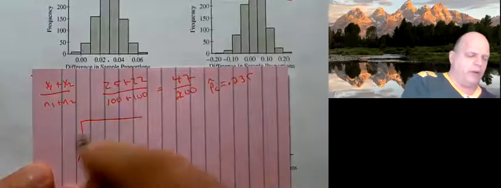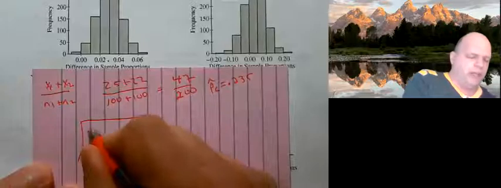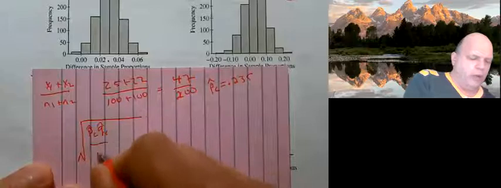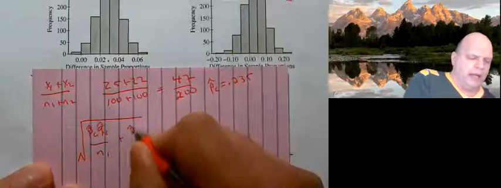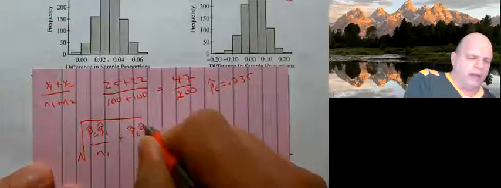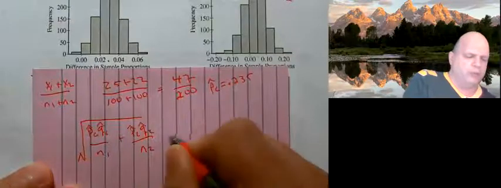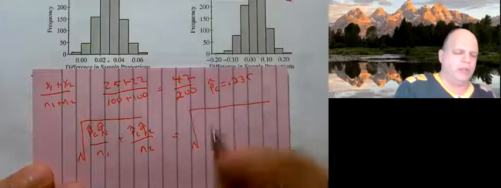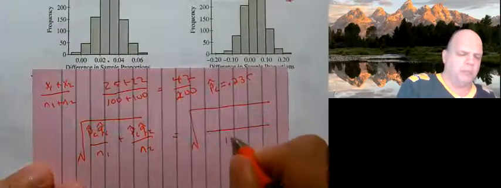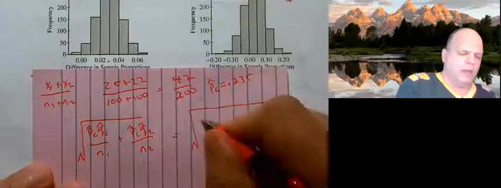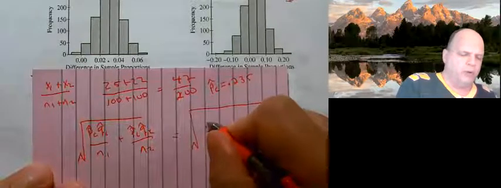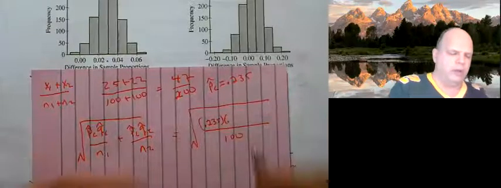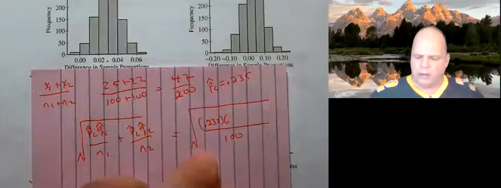My standard error formula is p hat combined, q hat combined over n1 plus p hat combined, q hat combined over n2. Essentially, that's 0.235 times 1 minus that.